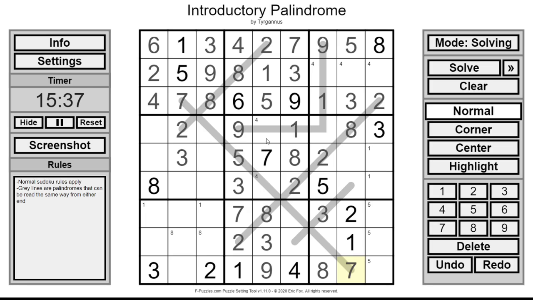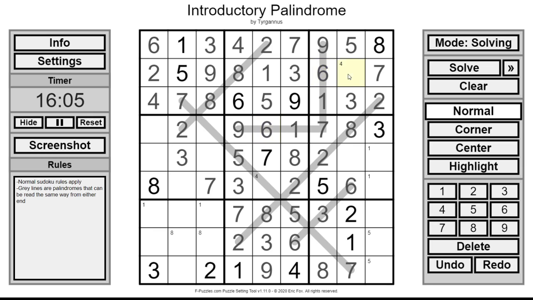This can't be a 7, so that's not a 7. No, this is a 7. This is a 7. This is a 5 by a Palindrome. I just didn't see that for whatever reason. It does finish off the square. 1, 2, 3, 4, 5, 6. 6 is everywhere.